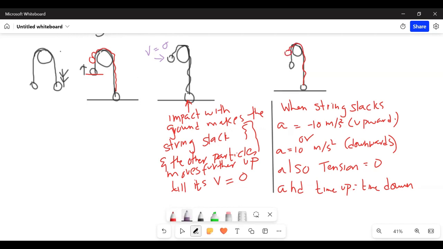So if this time, I'm calling this T up, time up, is the time for which the particle moves from this position to its highest point, that is, for example, 2 seconds. Then the time it takes for the particle to come down to its original position where the string becomes slacked again, this time down, is going to be 2 seconds as well.